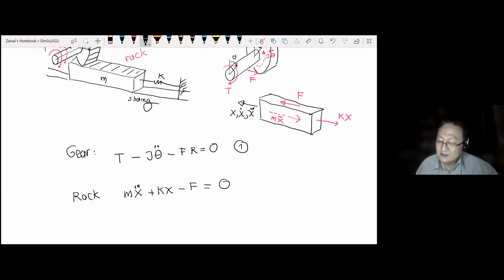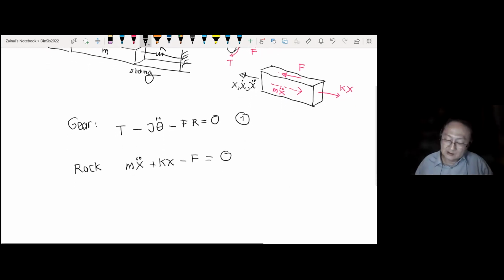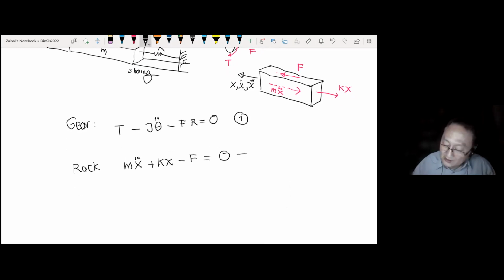Okay, just substitute f into that equation. In this one, you have f is equal to m x double dot plus kx, this one, equation 2.